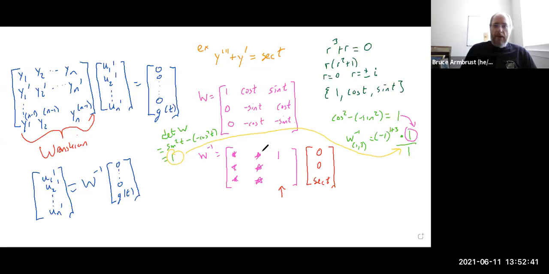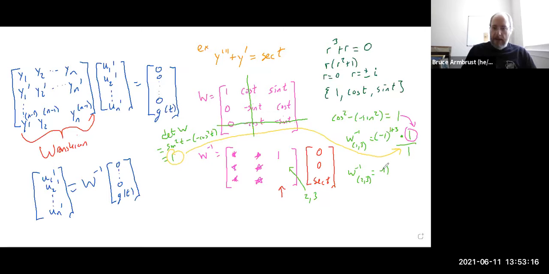Okay, so now if we're in the 2, 3 spot, we have to do the minor after we eliminate row 3 and column 2. So we're going to take row 3 and column 2 and eliminate those. So let's find the determinant of what remains here. Well, that little 2 by 2 is going to give us cosine minus 0. So let's find the inverse in the 2, 3 spot.